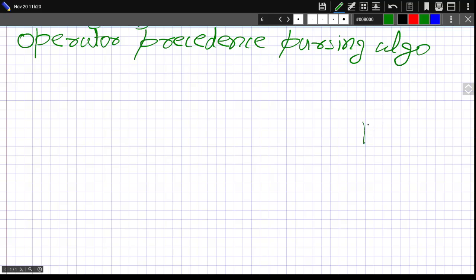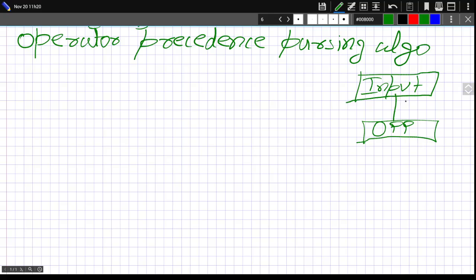There will be this parsing algorithm, let us say it is the operator precedence parser, which will use the input, read from this input stream, and another thing will be your operator precedence parsing table, right? It will be used, and definitely you will have a stack, right?